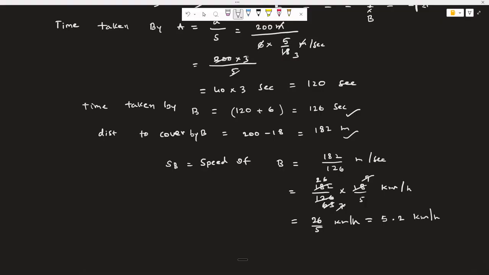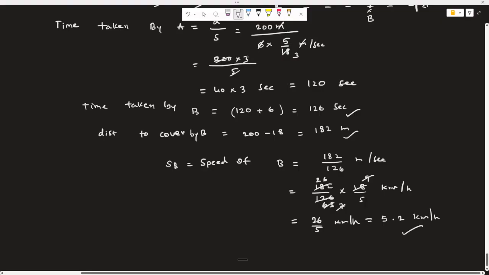So 5.2 kilometers per hour is the answer of this problem.